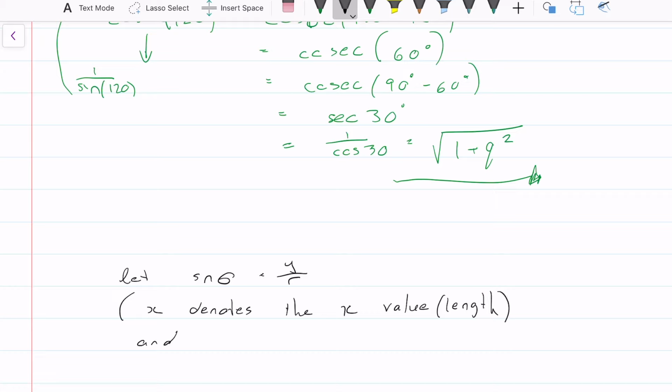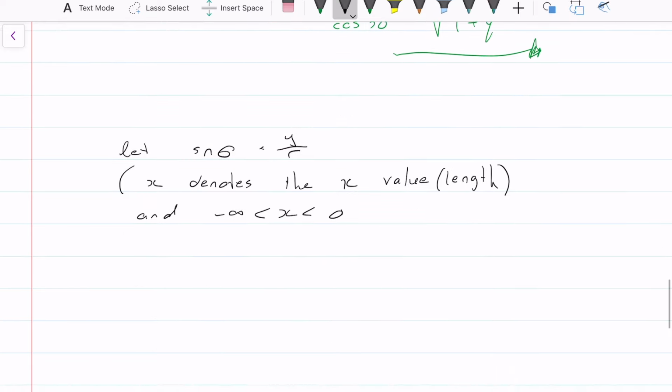We have been given that x is between minus infinity and 0. So let's just draw the diagram. That's all I want us to do, just to get the diagram correct.